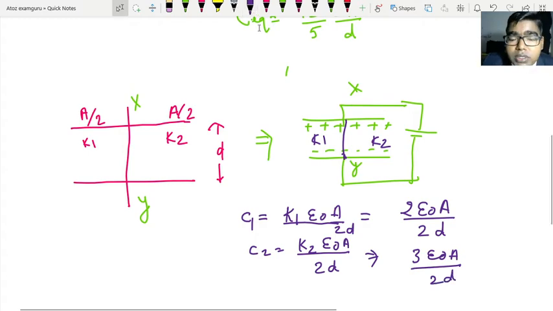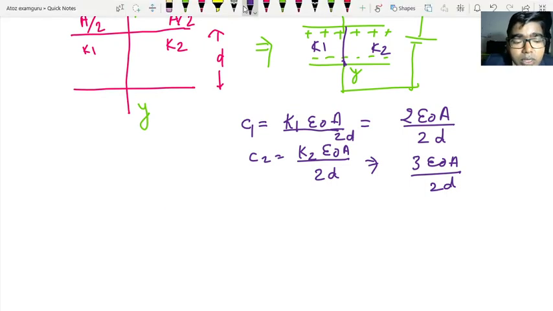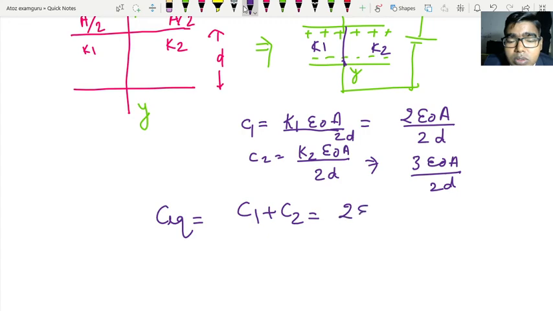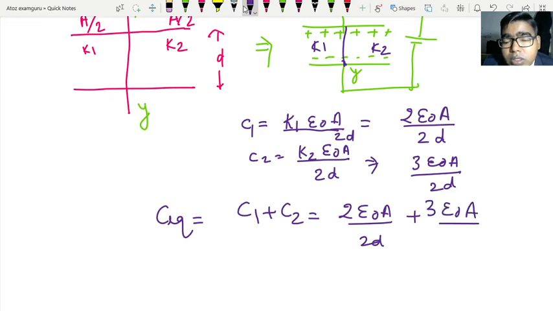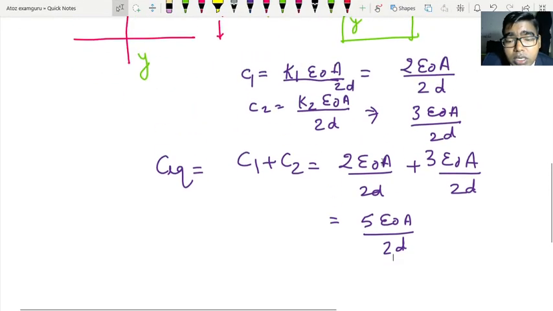And for equivalent capacitance we will simply add. So C equivalent equals C1 plus C2, which becomes 2 epsilon A by 2D plus 3 epsilon A upon 2D, becoming 5 epsilon A upon 2D, right? So this is the case.